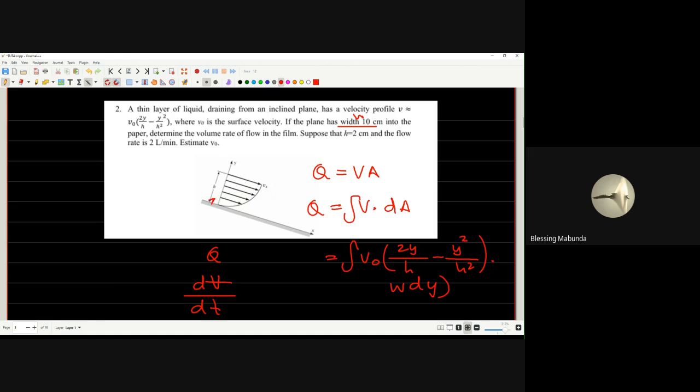We want to look at that small change in length. Think of that in 3 dimensions. We have dy here, and then it's also going to extend into the page.